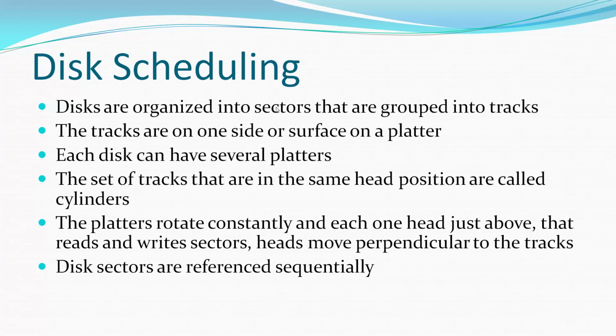These sets of tracks that are in the same head position are called cylinders. The platters rotate constantly, and each head just above reads and writes sectors. Heads move perpendicular to the tracks. Disk sectors are also referenced sequentially.